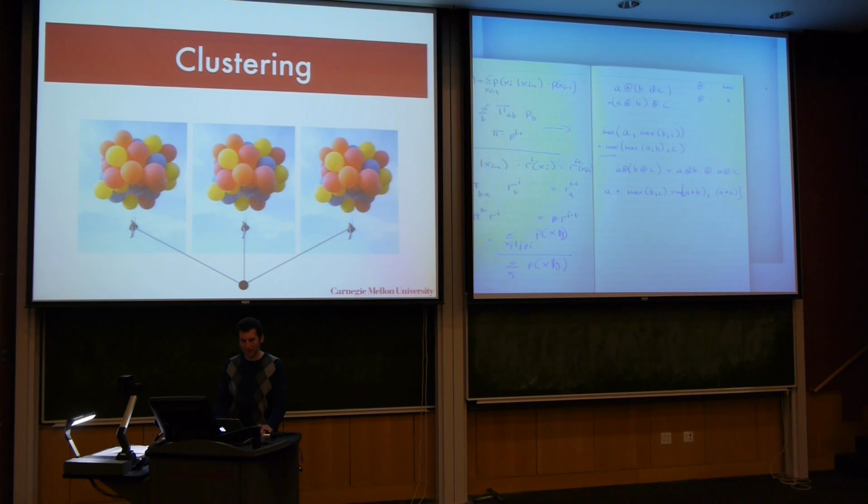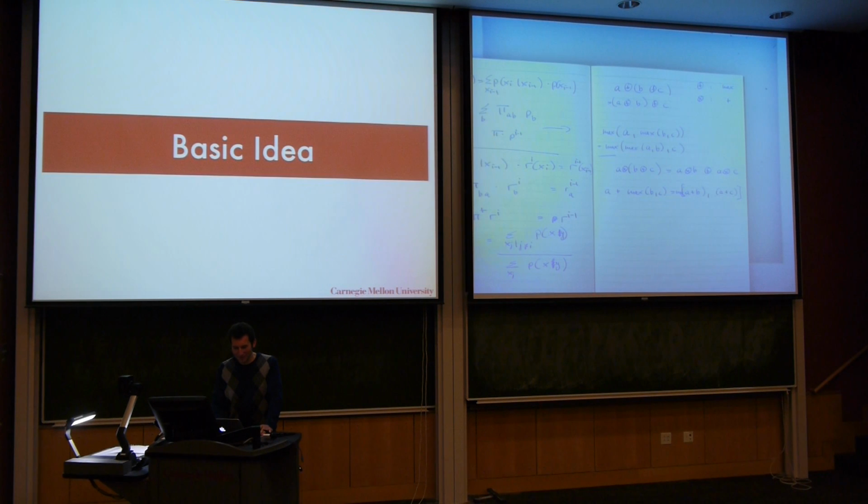Okay. So who's ever used clustering before? Awesome. Which of you used k-means? Okay. Did you ever wonder why k-means is doing something sensible? Well, maybe. Right. So here's what is happening.